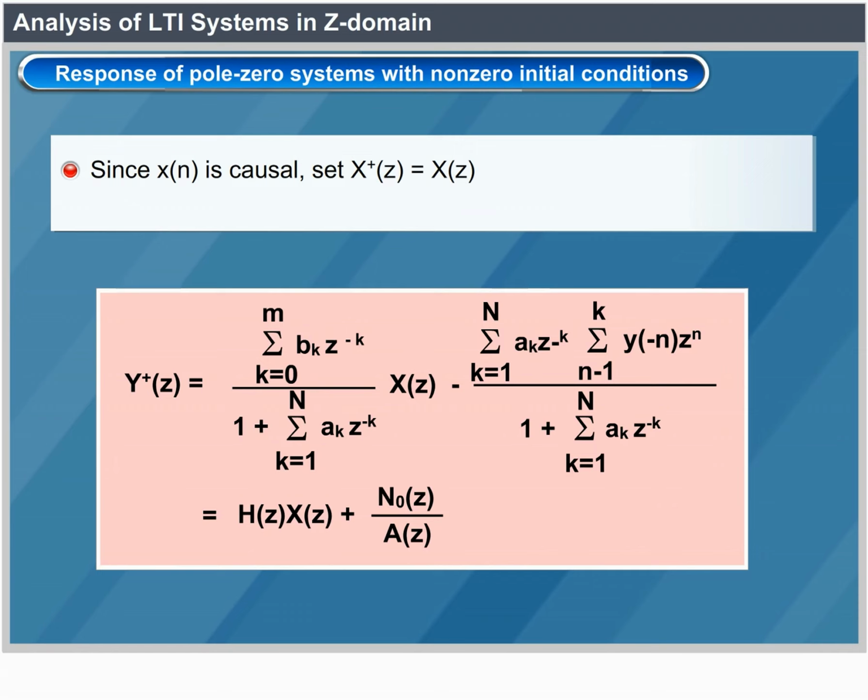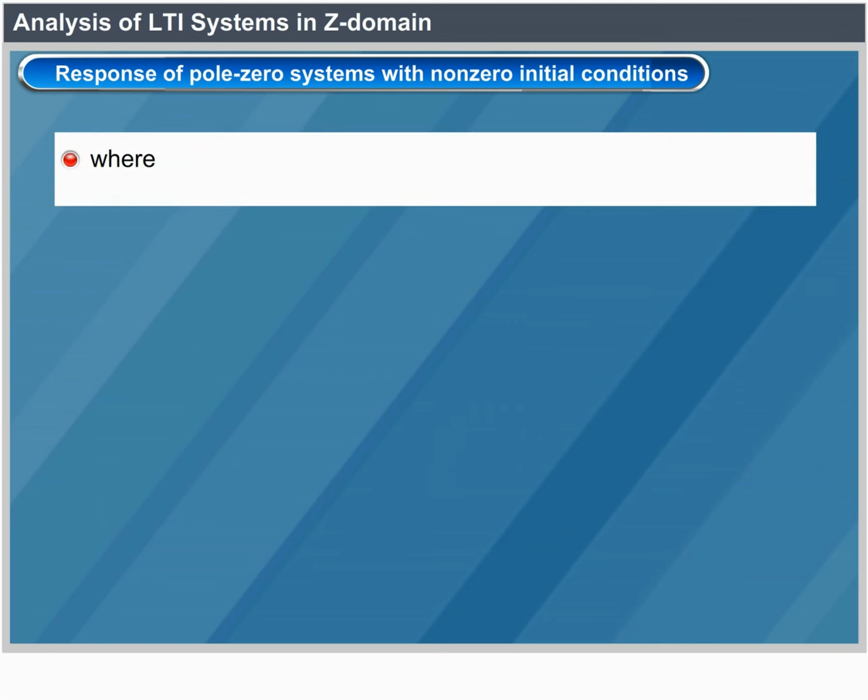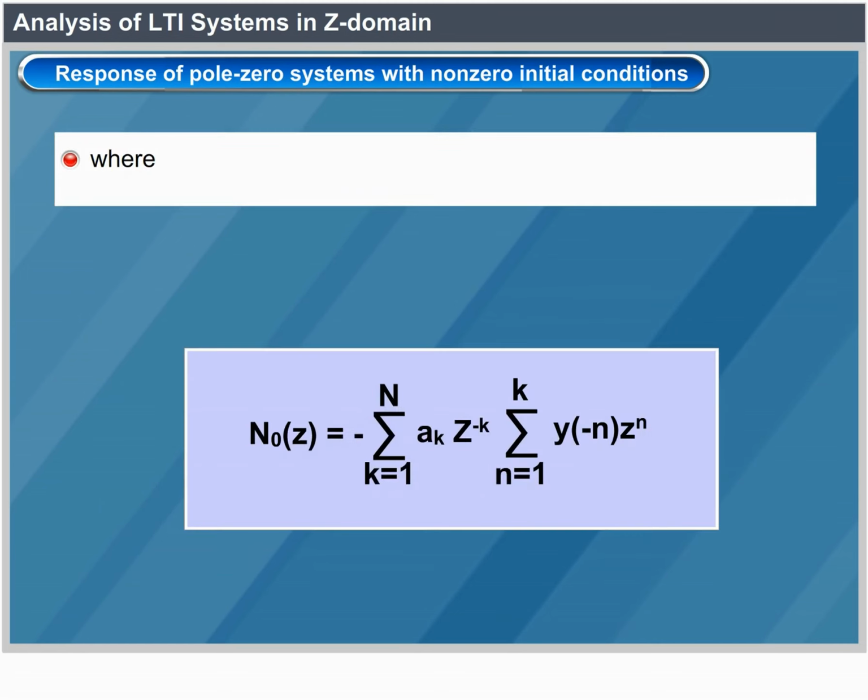This equals H of z into X of z plus N naught of z divided by A of z, where N naught of z equals minus summation k equals 1 to N of a_k into z power minus k into summation n equals 1 to k of y of minus n into z power n.